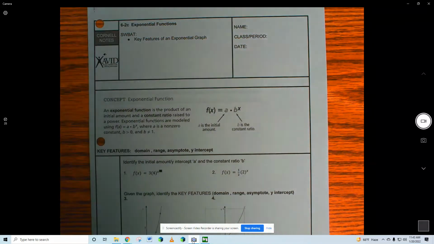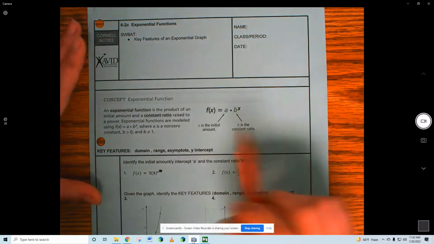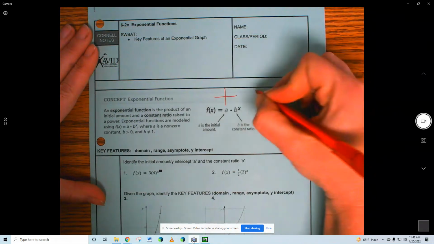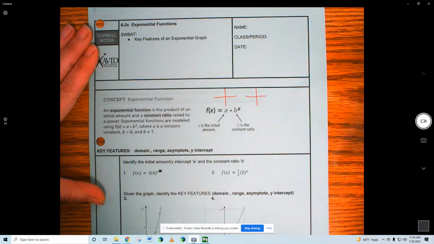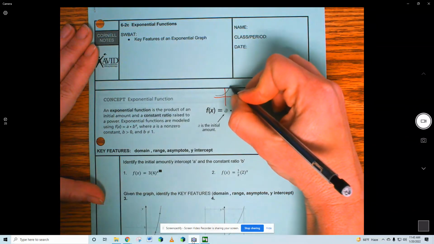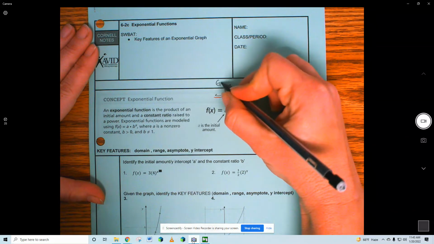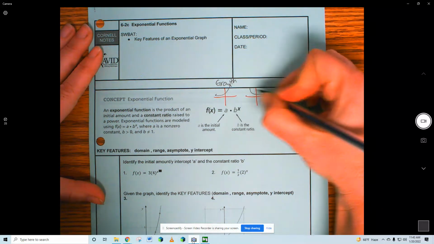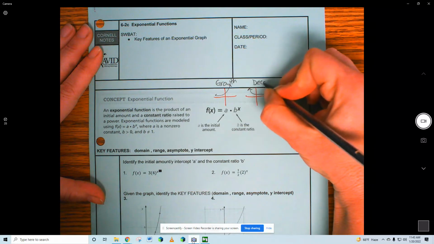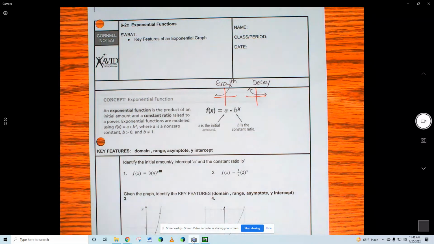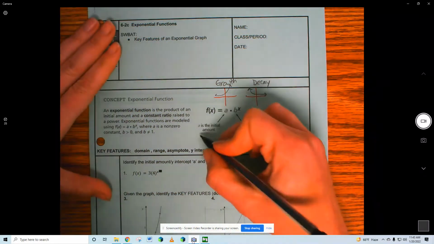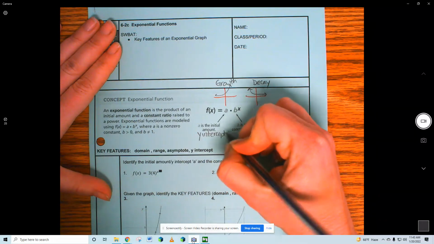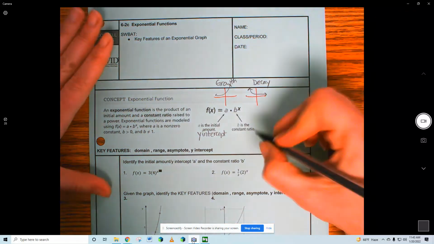So, refresh. This is the format of a graph that looks like this, going up. This is growth. Or this. This is decay. So, the first number, the book calls it the initial amount, but I call it the y-intercept. B is the ratio.